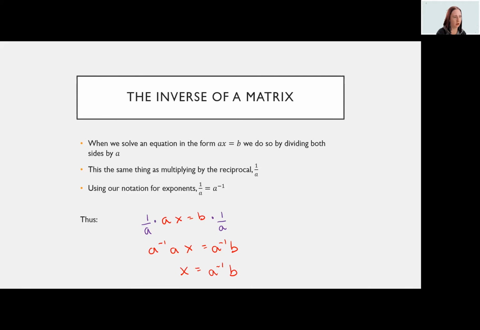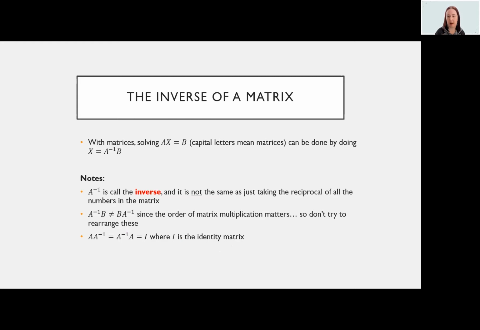Which way would you normally want to write this, 1 over A or A to the negative 1? So when you're just solving for X in a normal linear equation, 1 over A is fine. But when we're doing matrices, it's specifically written as A to the negative 1, because that is what we mean by having the inverse.